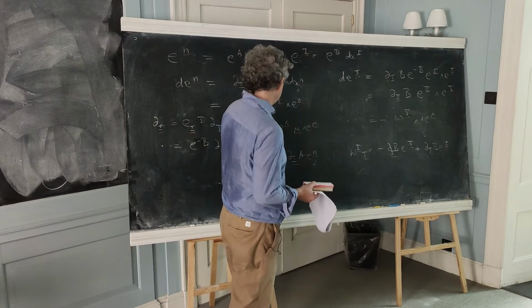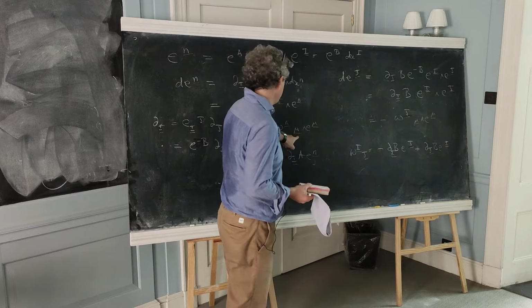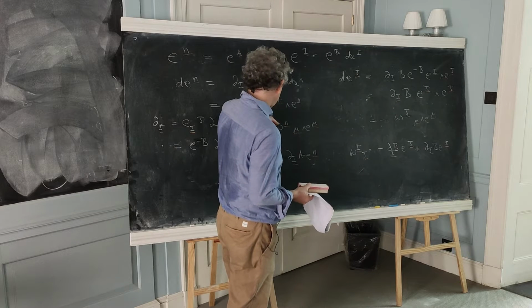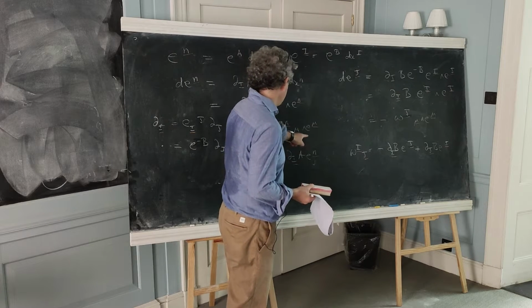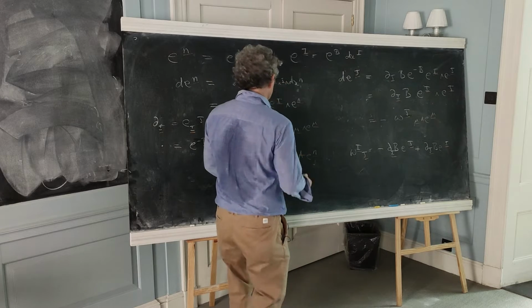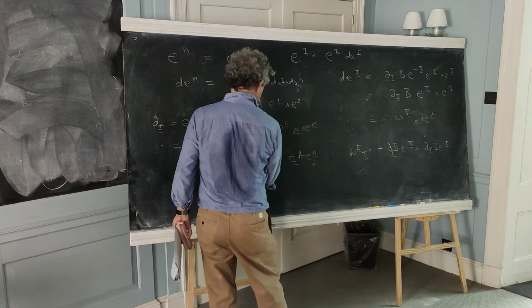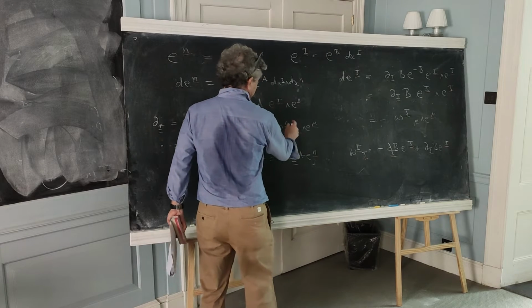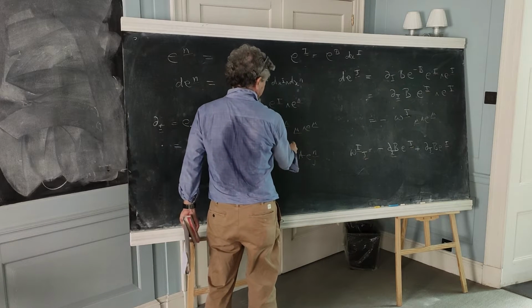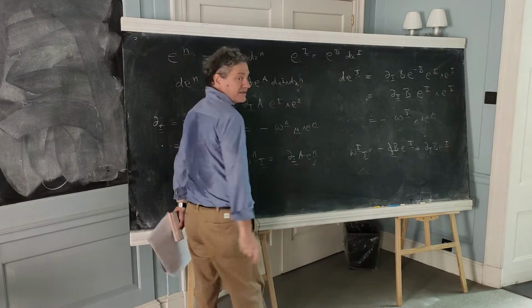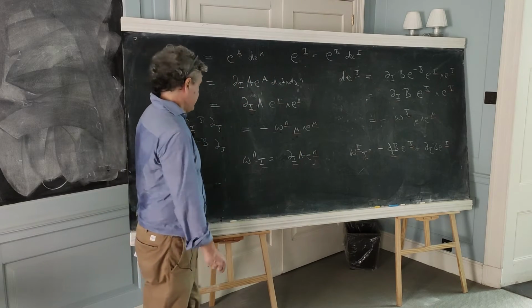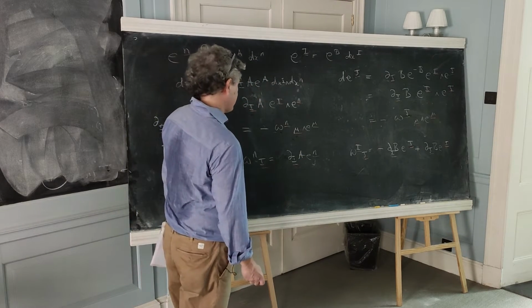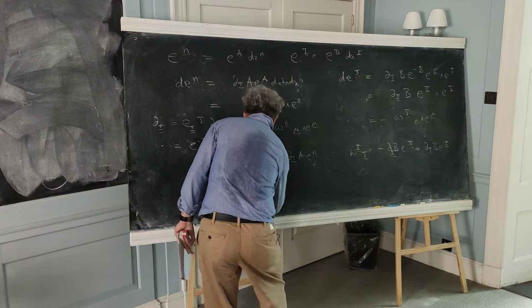So if I put in here and I wedge it with E^I, so that's what it would tell me to do. I wedge with E^I, I'm going to get precisely this. And the minus sign is because this is E^I wedge E^N, but this would give me E^N wedge E^I. Right? And the other component, we're just going to take to be 0.